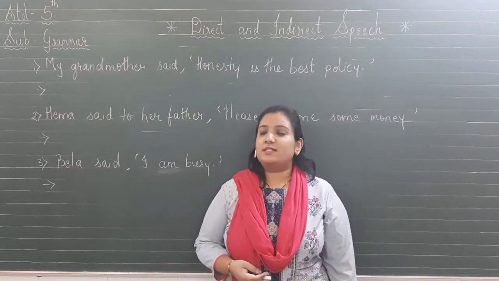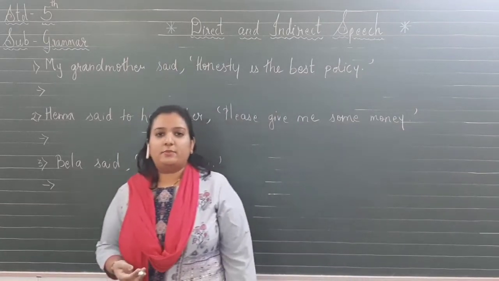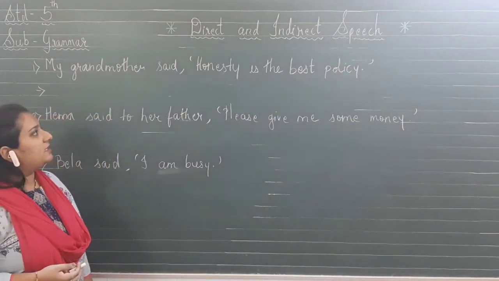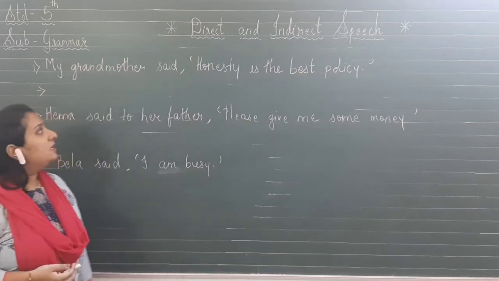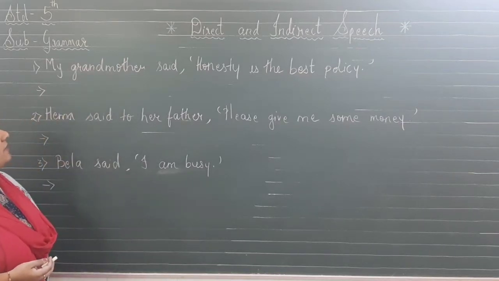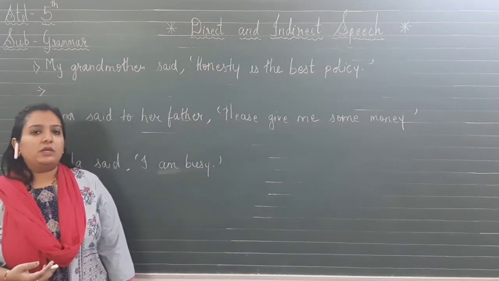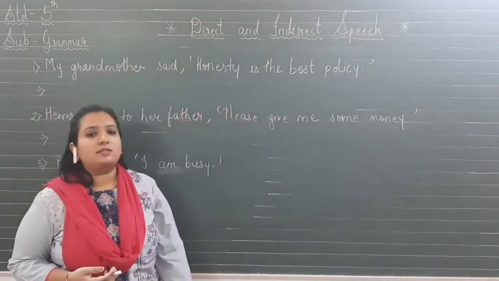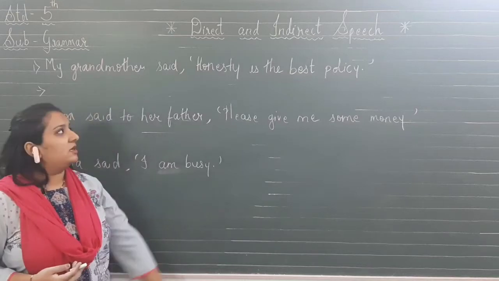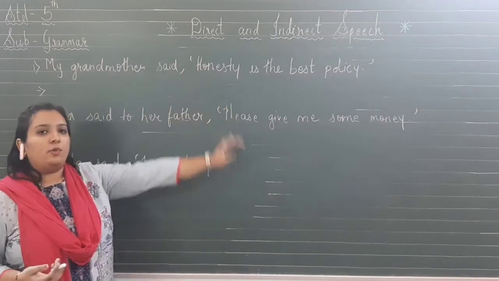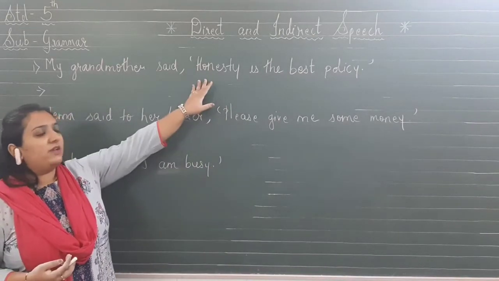Now students, let us look at some more examples to understand it better. We have to change these sentences into indirect speech. Look at the very first sentence. My grandmother said, "Honesty is the best policy." By looking at this statement, I feel that it is a universal truth, because honesty is the best policy. So in this sentence, what do we have to do?